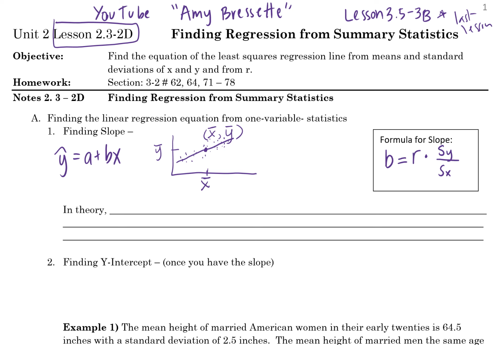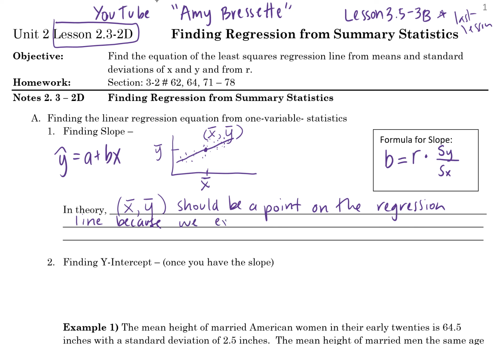In theory, x bar, the mean of all of the x's, comma y bar, the mean of all of the y's, should be a point on the regression line, because we expect something with an average x to also have an average y.